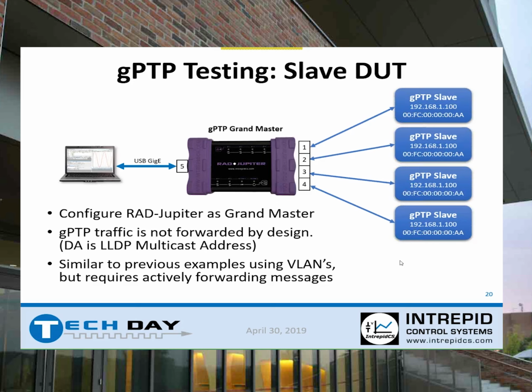And then there's another resource in here called TCAM, which will let you set up special rules to handle traffic in unique ways. So it's similar to the previous example using VLANs, but in this case, instead of just setting up VLANs, you need to actively set up a rule or port forwarding so that the messages get back to your test PC, your test application.